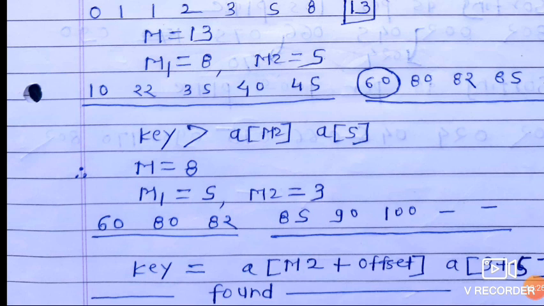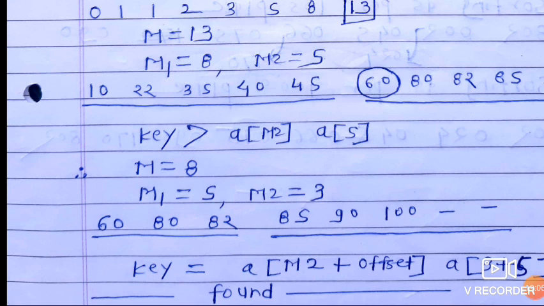Once we accept key element, we generate Fibonacci series up to some level. Once we generate Fibonacci series, we calculate value m. M value is the value from the Fibonacci series which is immediately greater than or equal to n, where n is the size of array. Once we generate m from the Fibonacci series, its two preceding numbers are considered as m1 and m2.